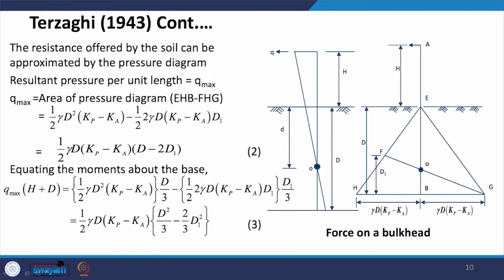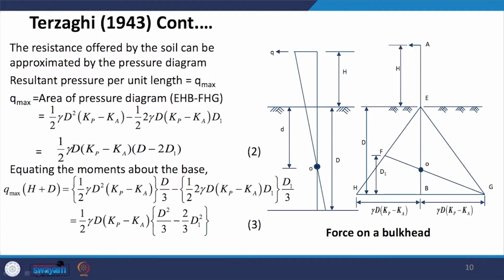When this force Q is acting at height h, the well will try to rotate. If it is fully rigid, the point of rotation would be at the base, at the bottom. However, you have the total height h plus d, where h is the point of action of the forces, which we already discussed when we talked about forces.